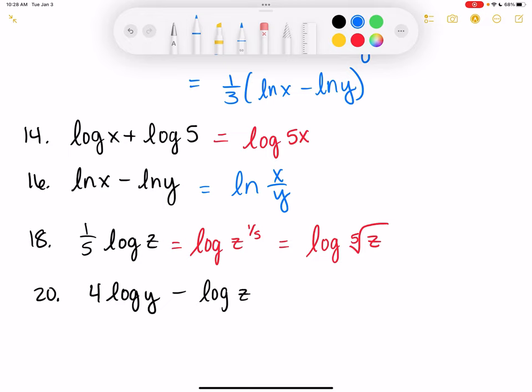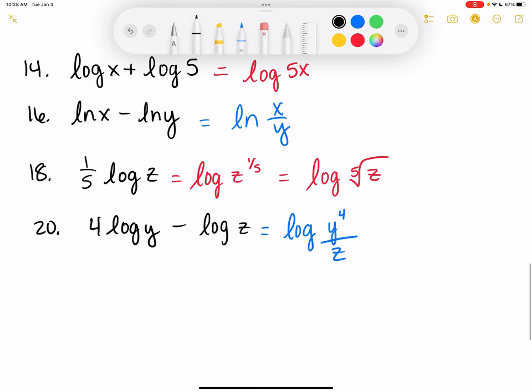Log of y to the 4th over z. That's a 7, not a z. Like I did the z and then stopped halfway.